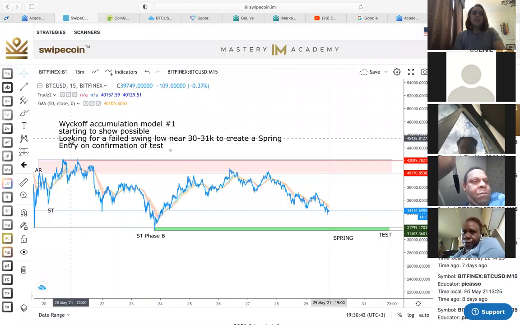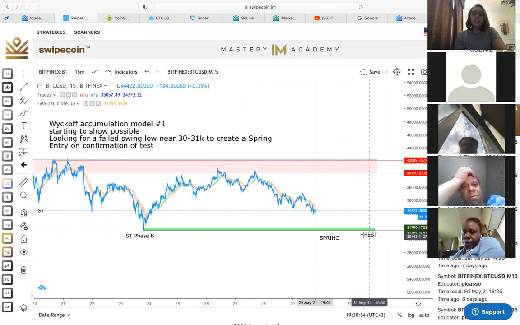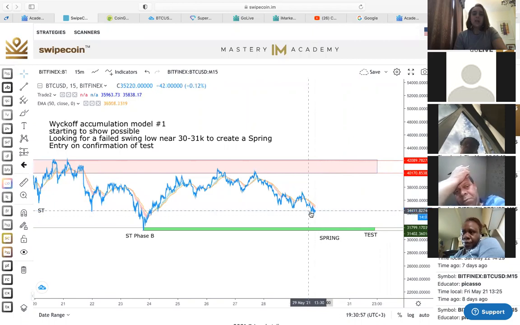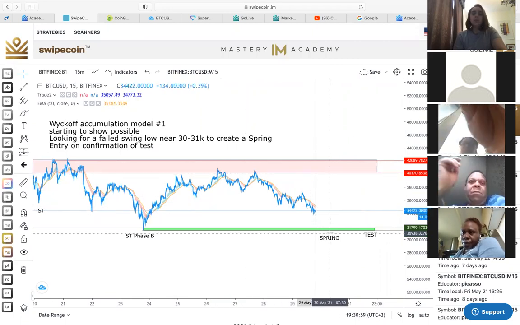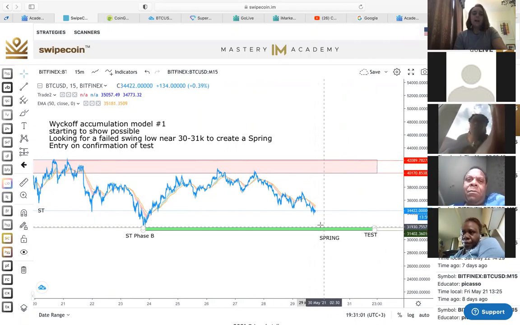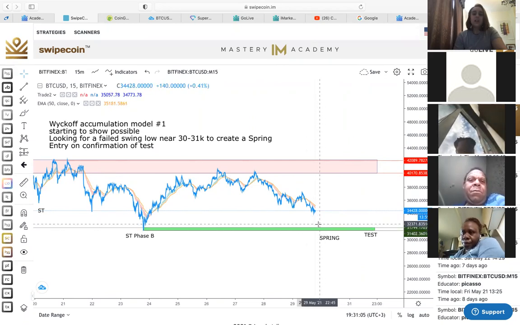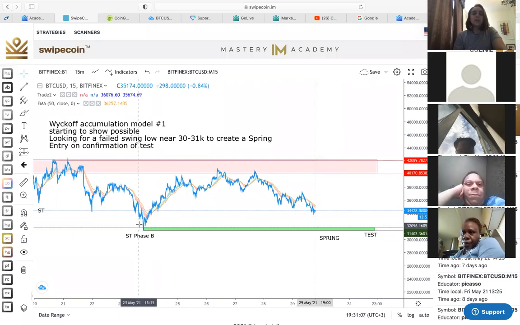So what we're seeing is a possible fail. We're looking for a failed swing low near 30 to 31 to create a spring entry on confirmation of test. So the test is down here. What we want to happen for this model to play out now is for it to come back down to these swing lows, but for it to potentially make a higher low.